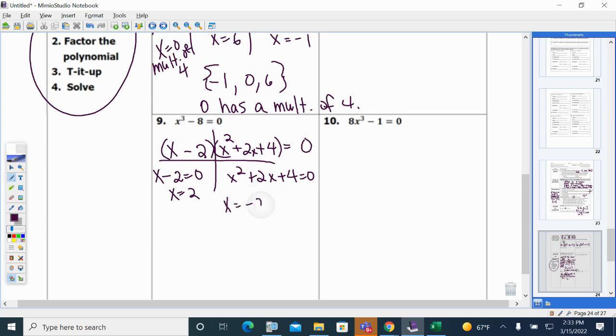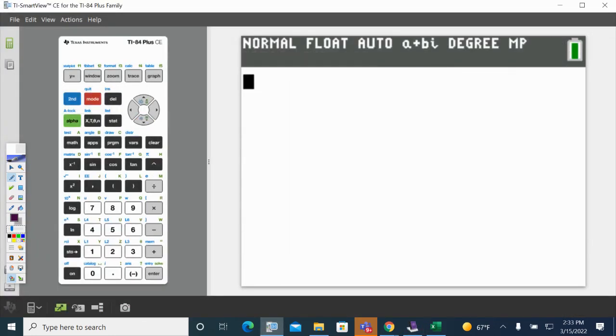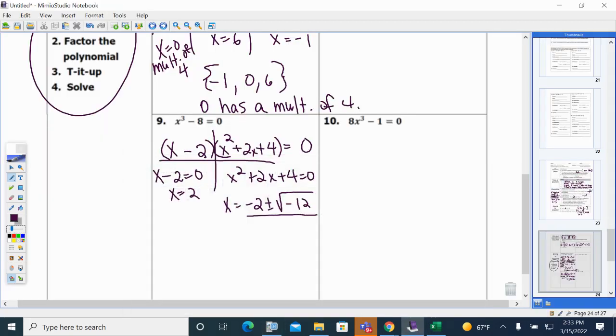X equals opposite b plus or minus the square root of b squared minus 4ac. So if I do the discriminant really quick, 4 minus 4 times 1 times 4 gives me a negative 12 underneath the radical. 2 times 1 is 2.